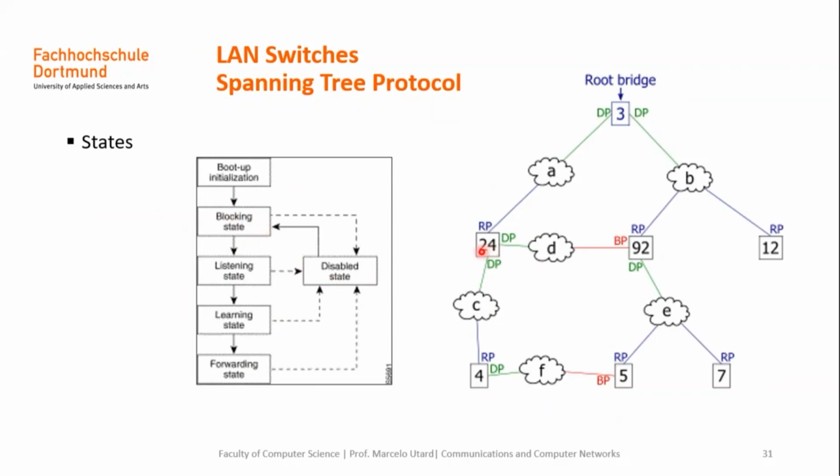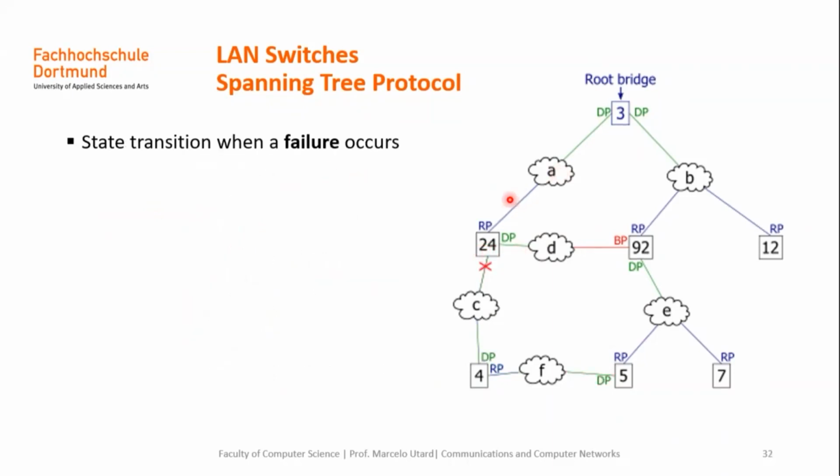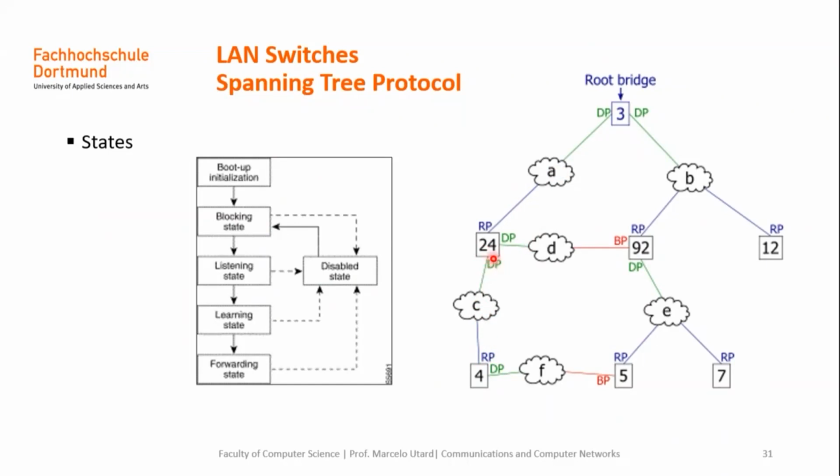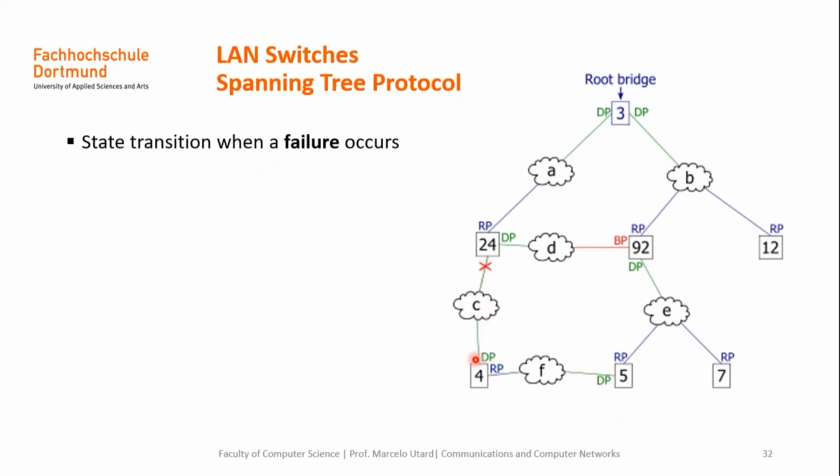But for instance, we could see what happens if a failure occurs in this segment. This was a designated port, and this was a root port, but in that case the root port will change from this one to this one.